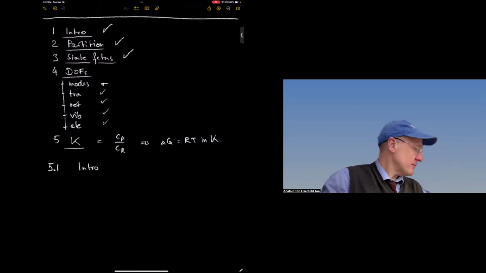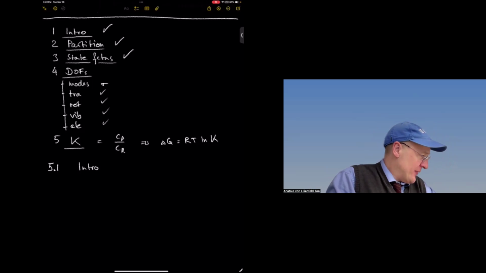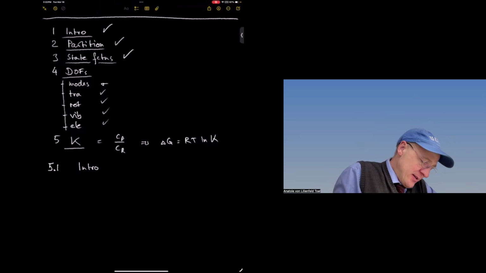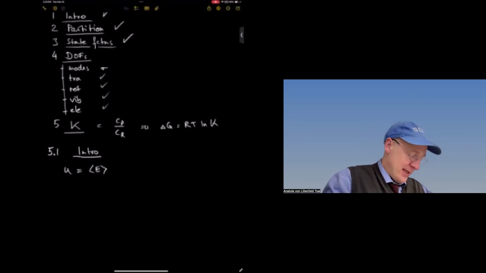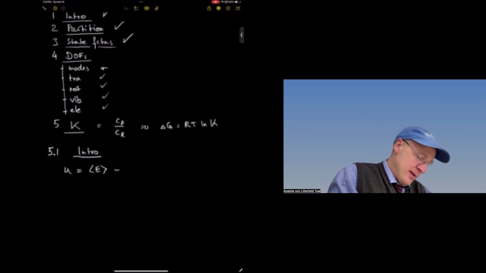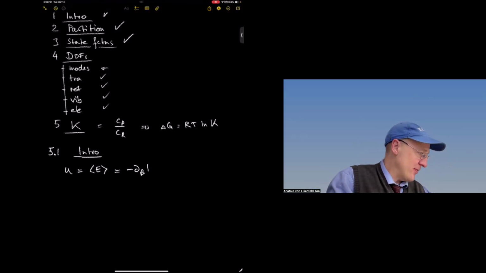And let's just note down some things we have derived already, but just to refresh our minds. So our internal energy U, the expectation value of our energy, the microscopic energy, right, is minus derivative with respect to beta of logarithm q.